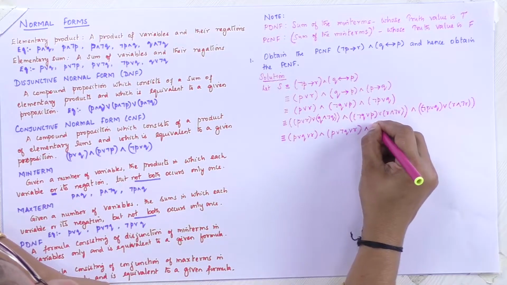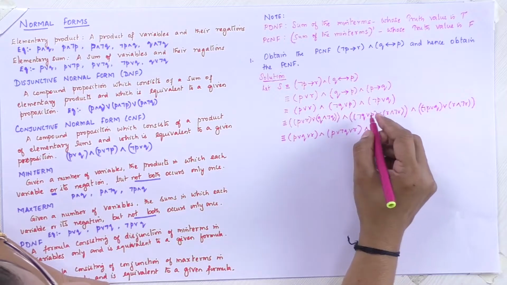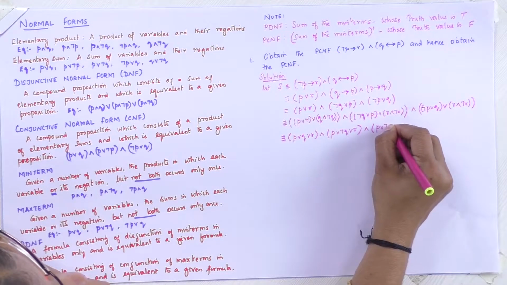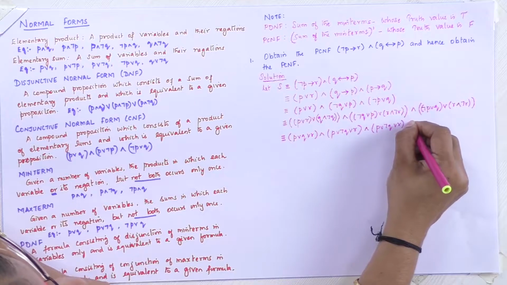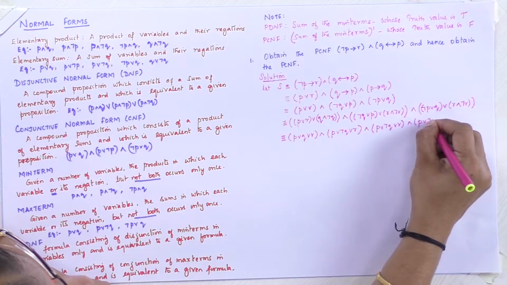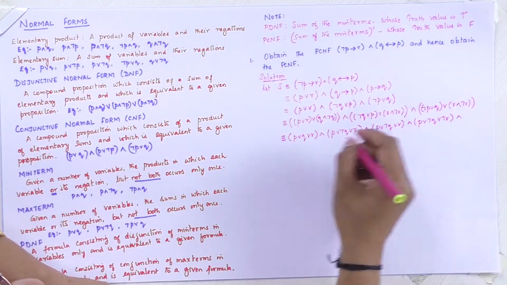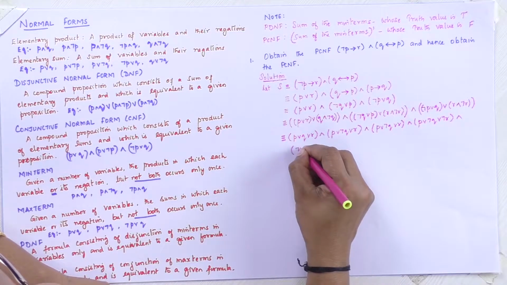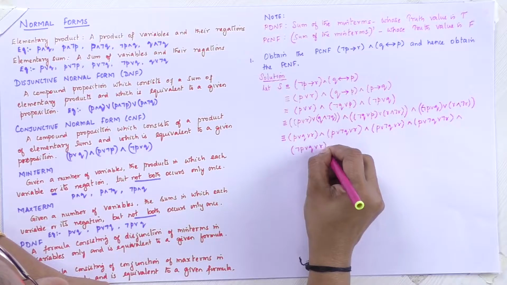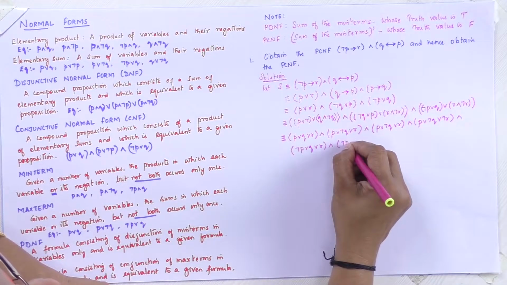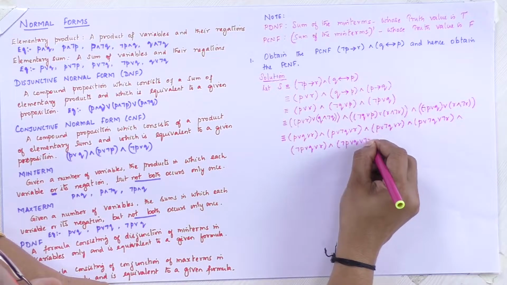And again here, we can write it in order: P or negation Q or R, and P or negation Q or negation R, and I will have negation P or Q or R, and negation P or Q or negation R.